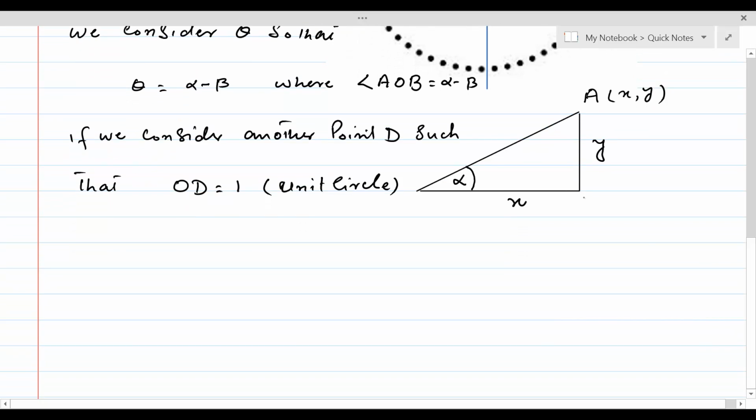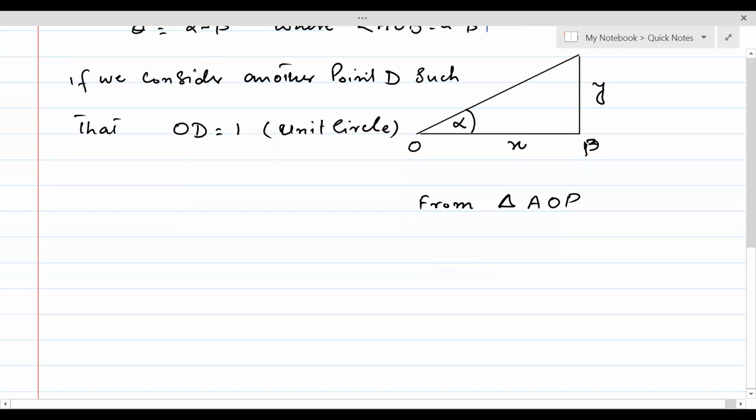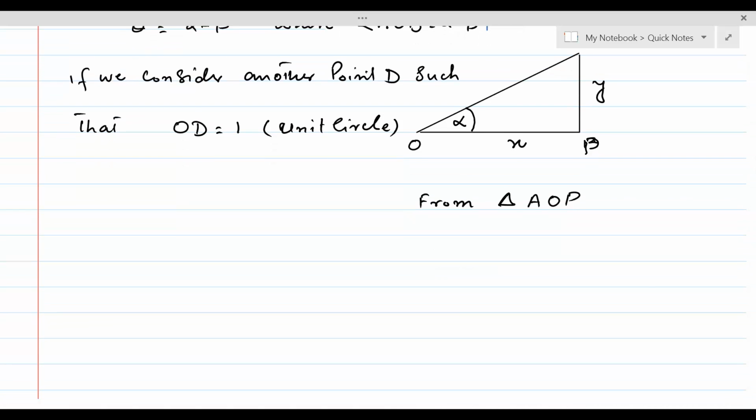From this triangle, let's name another point P, and this is already O. Then from triangle AOP, what would be cos of alpha and sine of alpha?